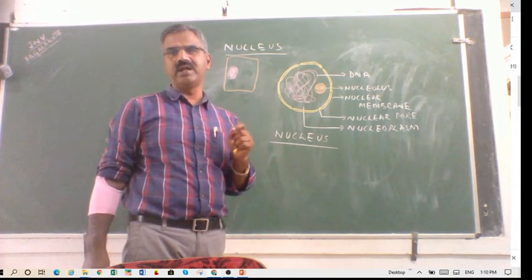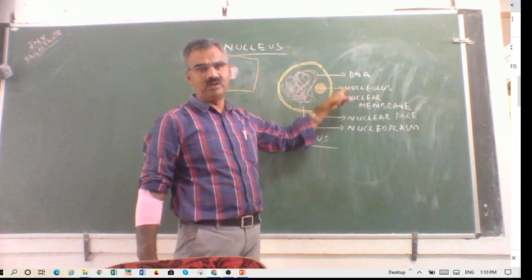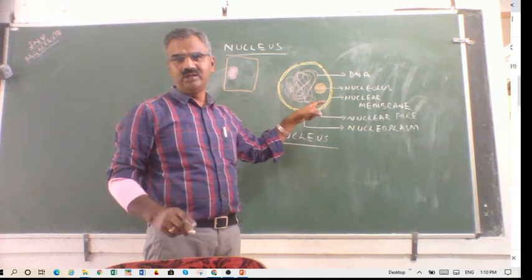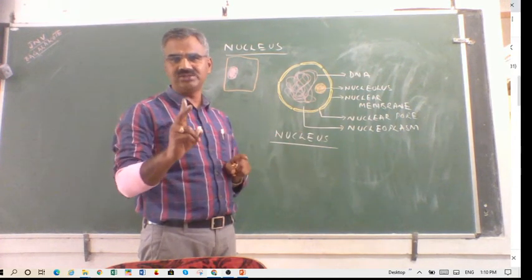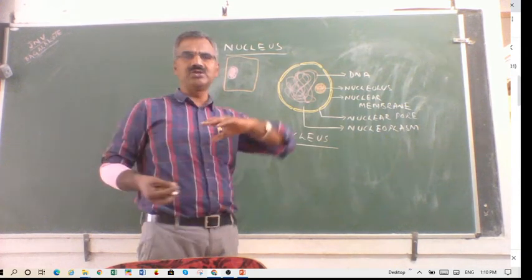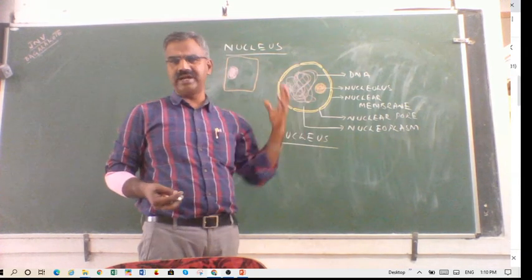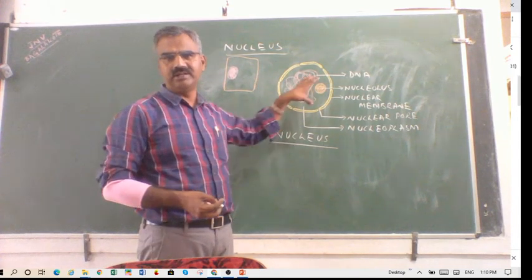Draw the diagram systematically, labeling should be done properly, and it should be very legible, so evaluators should not think of cutting any marks at all. The diagram may not be so great. You need not be an artist for drawing diagrams in science.